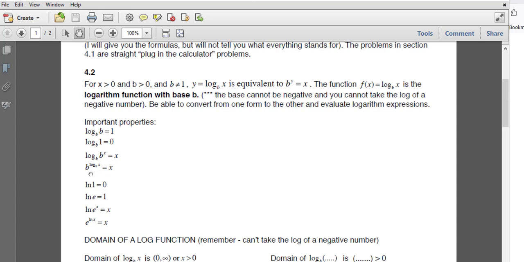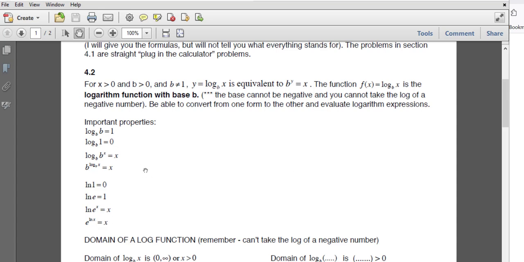And this one, I don't think it uses a bunch in your software, but it is also a property. If you are from a base to a log and that base is the same, the answer will be whatever you're taking the log of up here. It will be that x. But these properties are super important. They work the same with base E. Just memorize those.